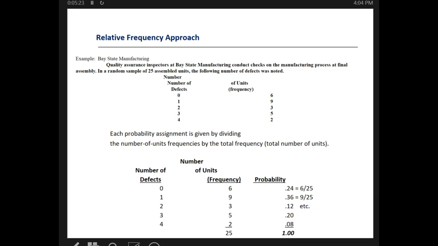In the 25 assembly units, the following number of defects occurred. 0 defects happened 6 times, down to 4 defects happening twice. So the probability of each is found by dividing the frequency by the total number of units.